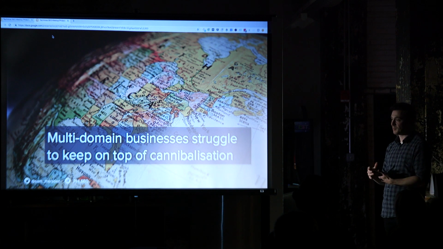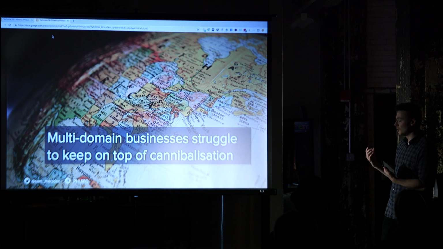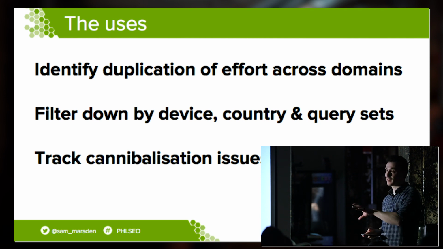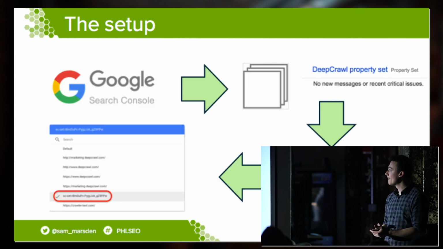That's a problem because it results in a duplication of effort, and that's something that you'd want to keep on top of. It's about identifying and reducing the duplication of effort. This dashboard filters down by device, country, and query sets, and allows you to track cannibalization issues over time.